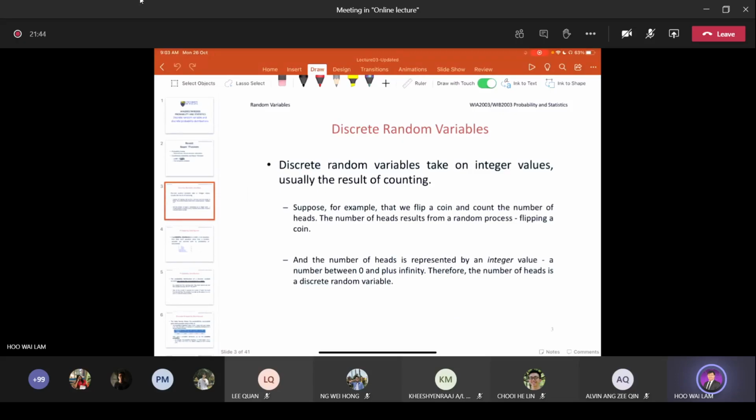But if you are flipping 10 times, for example, the maximum number of heads you can get is 10, from 0 to 10. So basically, if you want to formulate it, it equals 0 to n, and n equals the number of times you are flipping a coin.